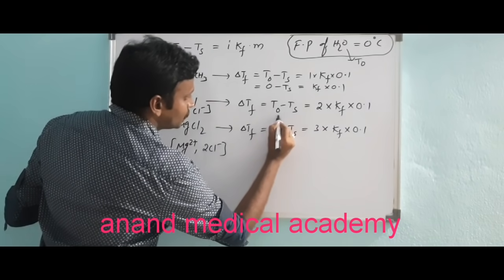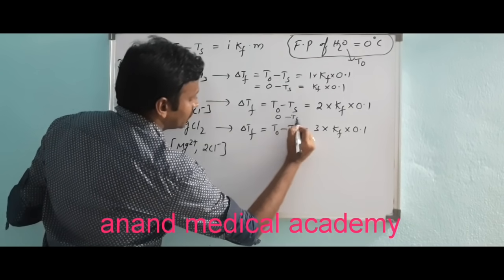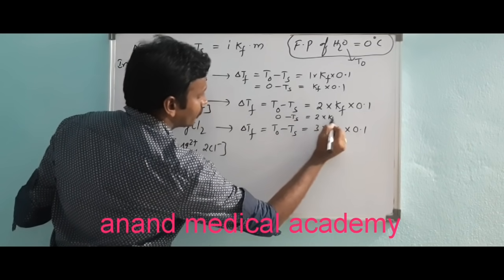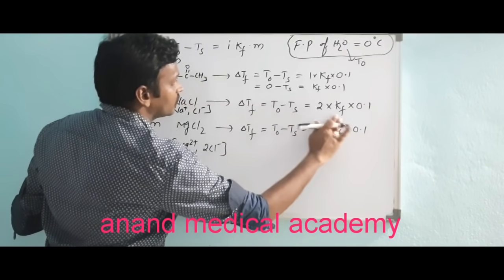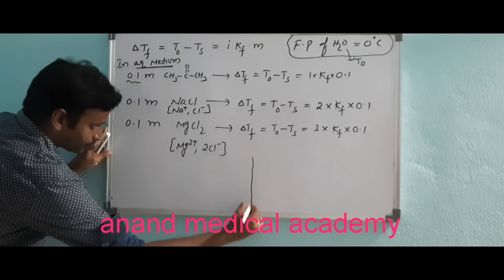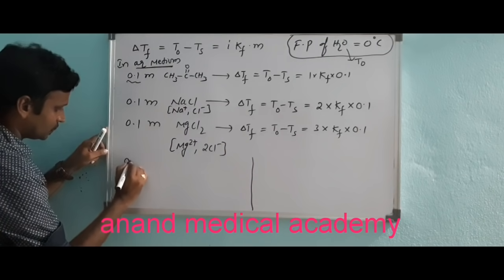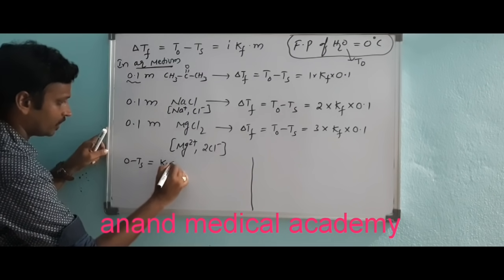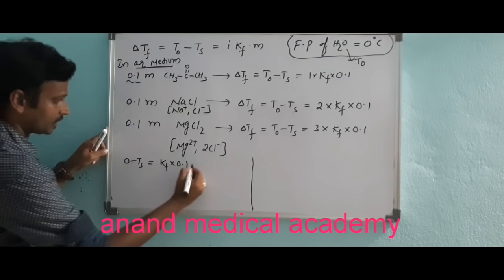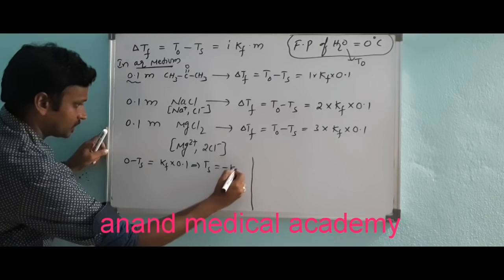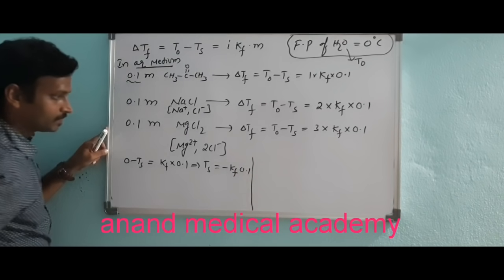This one, 0 minus Ts is equal to 2 into Kf. If you confuse all three, I'll write them in one place. The first one: 0 minus Ts is equal to Kf into 0.1, that implies Ts is equal to minus Kf into 0.1.